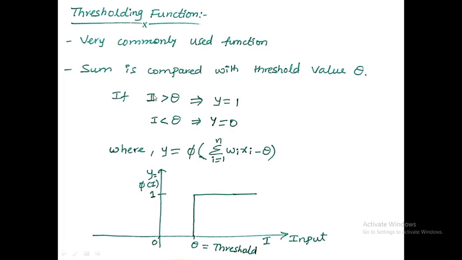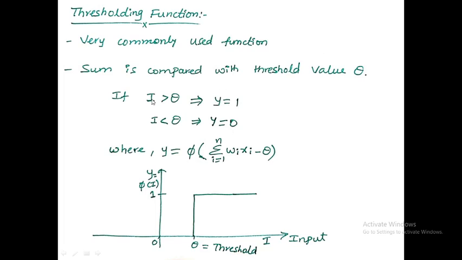Now in the thresholding function, your weighted sum I is compared with the threshold value theta. If your weighted sum is greater than theta, then your output value is equal to 1.